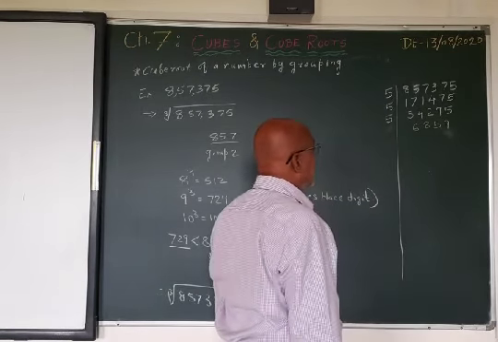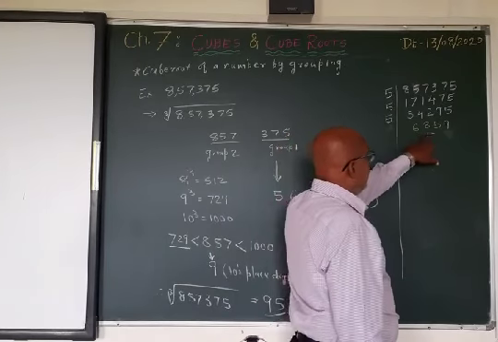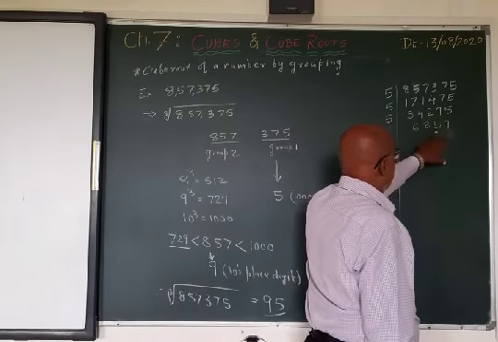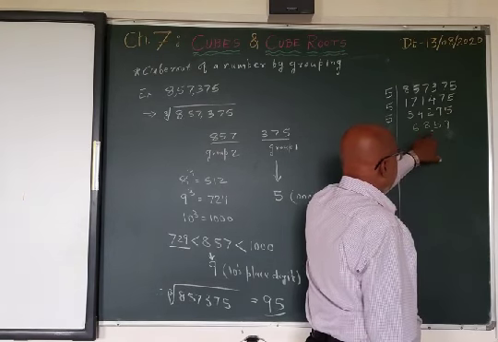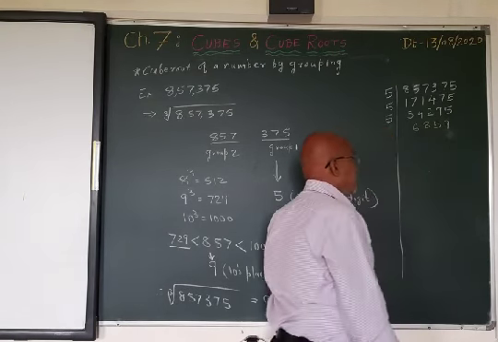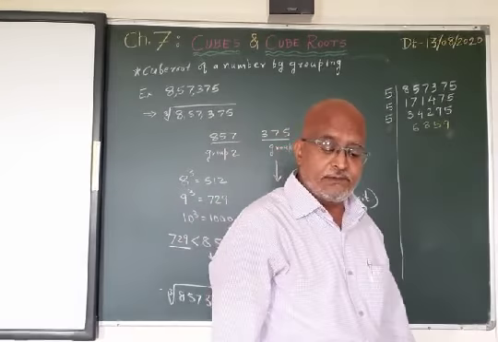Now what is the total of this? 9 and 8 are 17, 18, 28. So still it is not divisible.